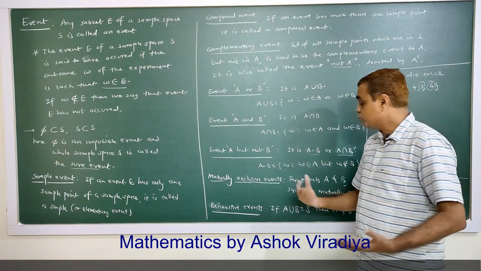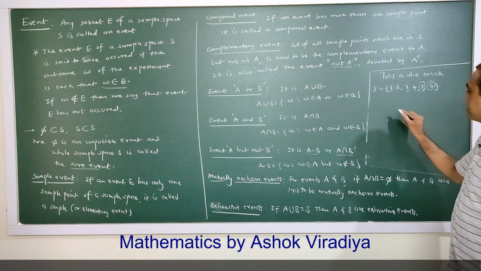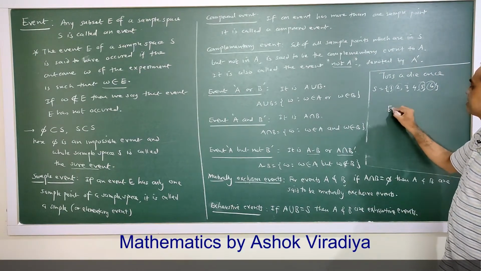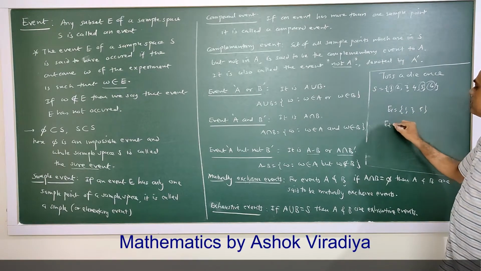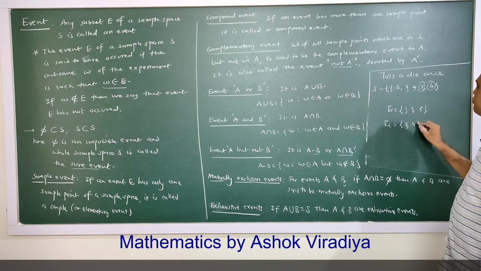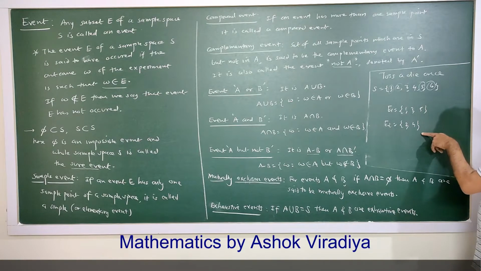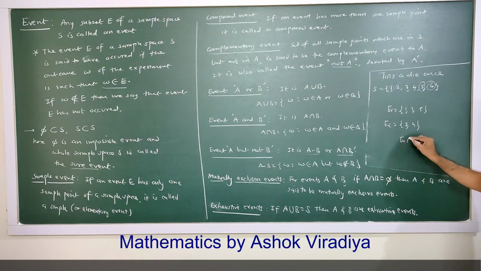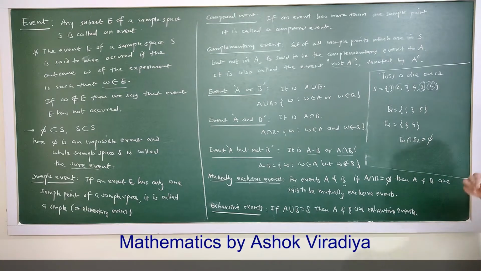Mutually exclusive events. Suppose here E1 is 1, 3, 5. E2 is 2, 4. Now look at these two events. Their intersection is empty. If the intersection is empty, then the events are said to be mutually exclusive events.